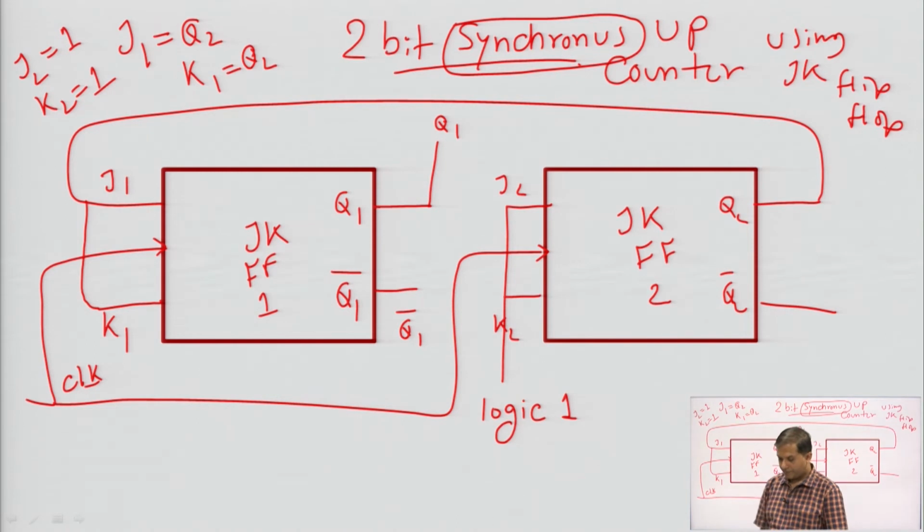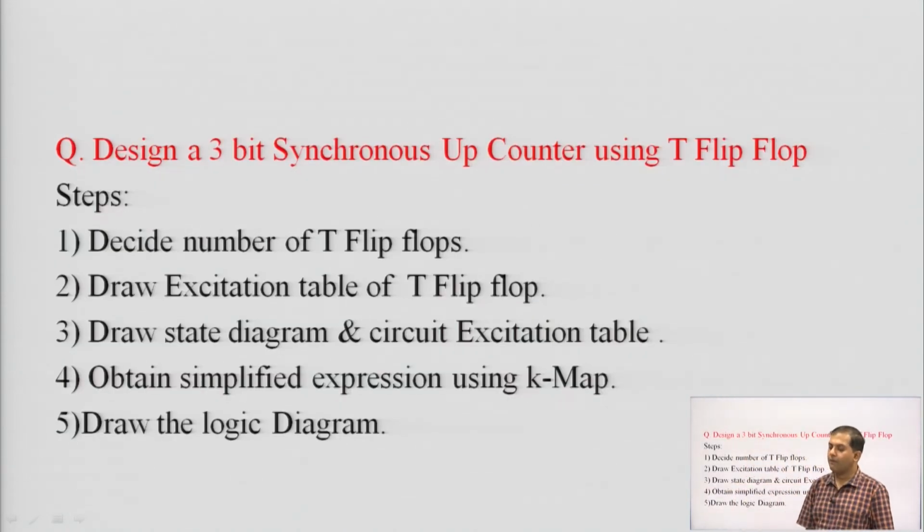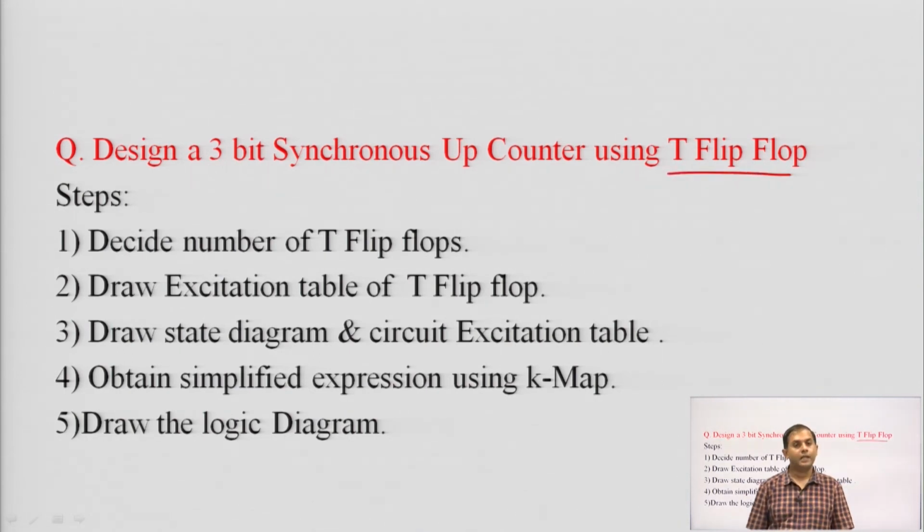Let us take another example: design of a 3-bit synchronous up counter using T flip flop. Here it is mentioned T flip flop, so you have to take T flip flop itself.